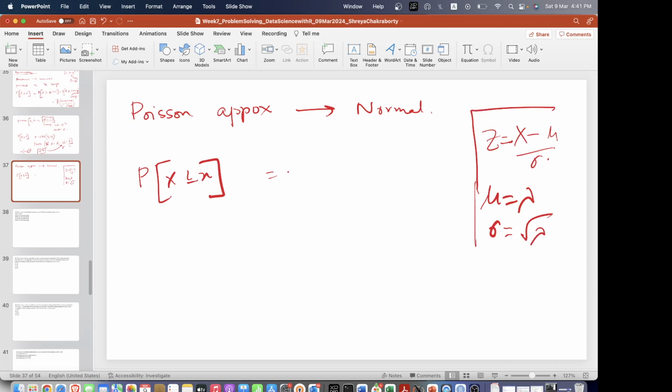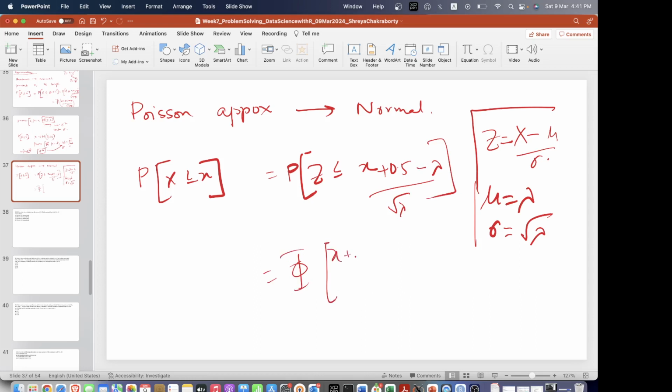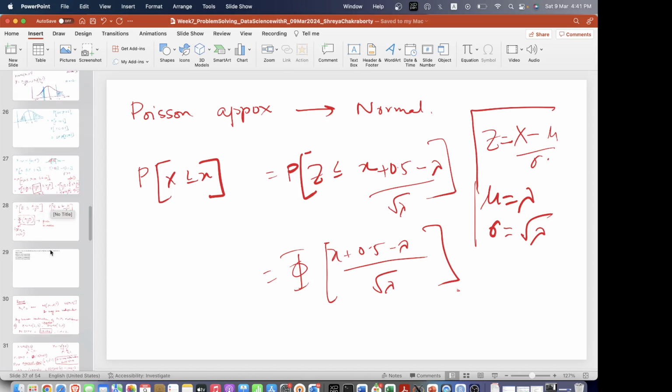So here again we have to apply the continuity correction: probability z less than or equal to (x plus 0.5 minus lambda) by root lambda, and this would be phi of (x plus 0.5 minus lambda) by root lambda. Alright, so given this, we are now going to solve a few problems.